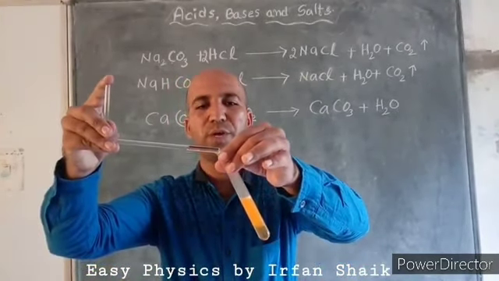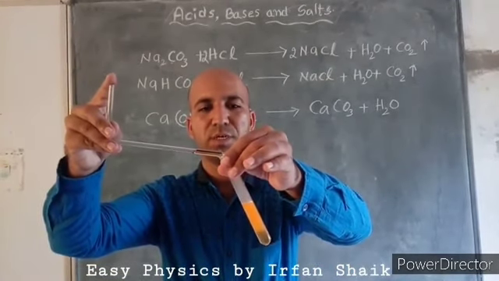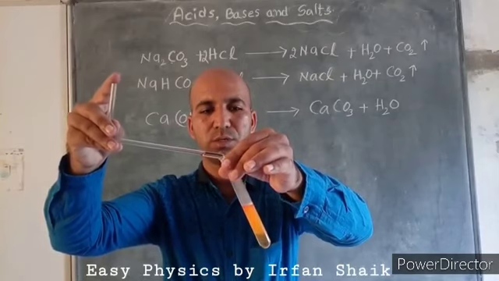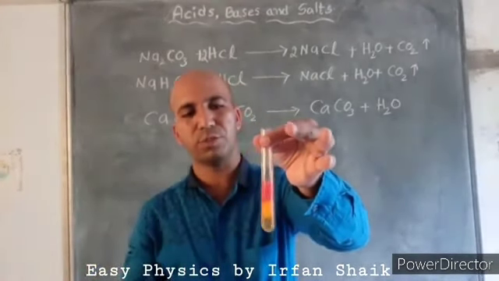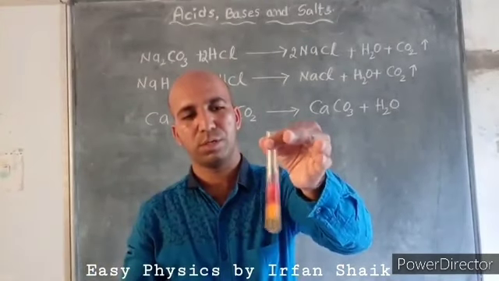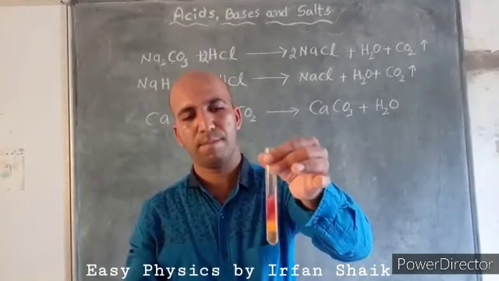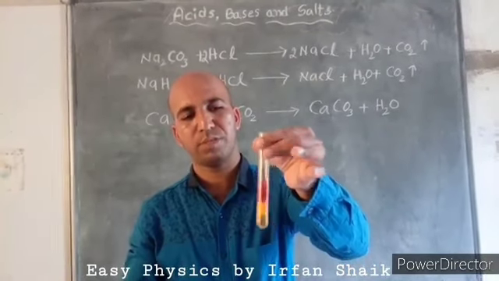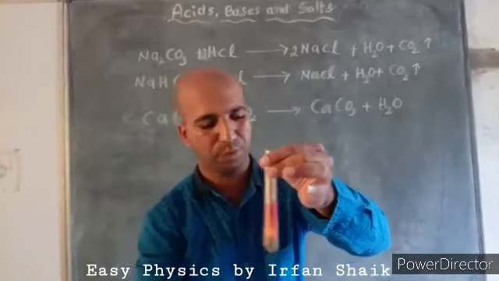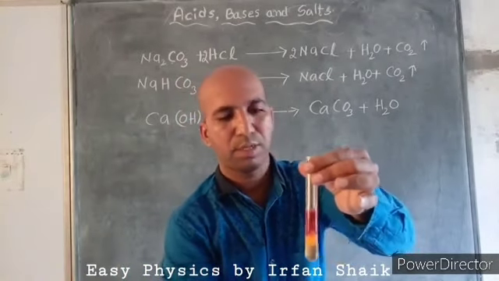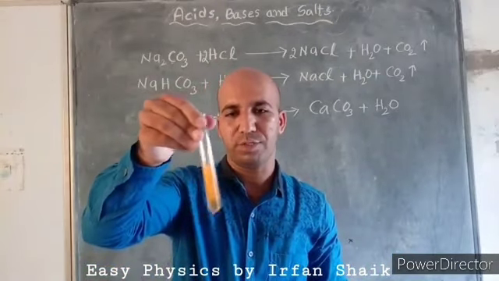So gradually we have to add a few drops of acid to this basic solution and observe the color variation in this test tube. See, the yellow color is gradually vanishing.